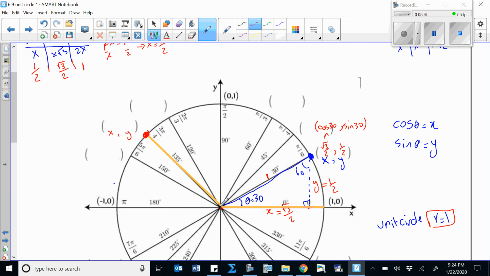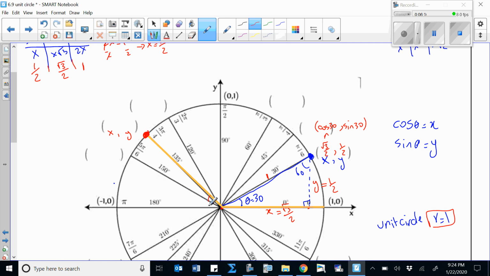We have learned before that the trig value of an angle is equal to the trig value of its reference angle. So if I find the trig value of the reference angle of this angle, I have actually found the trig value of 135. Now, what is the reference angle of 135? The reference angle, as we know, is the distance between the terminal side and the x-axis.